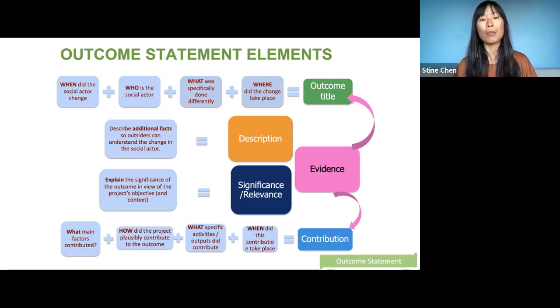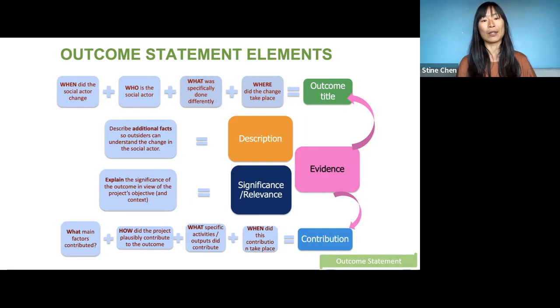And what's important to also keep in mind is that when you develop and write an outcome statement, this can be an iterative process. When you go through the different elements of an outcome statement, for instance, a reflection about the significance and relevance of the outcome statement can sharpen ideas on the outcome, leading to an adjustment of the title.